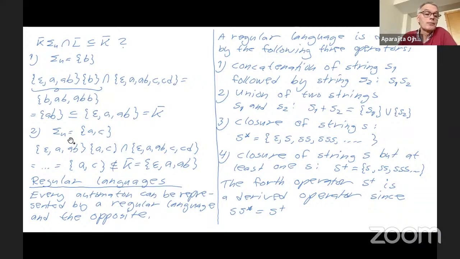On the other hand, if we extend this sigma U to include, or take another version, A, C, and then you evaluate the same, epsilon, A, AB was K bar, followed by sigma U, AC, and that intersected with L bar.